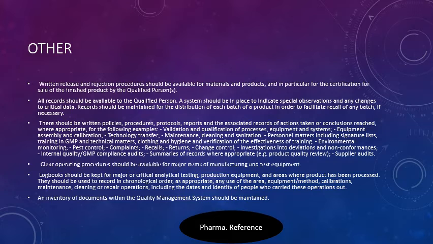For example: validation and qualification of processes, equipment and systems, equipment assembly and calibration, technology transfer, maintenance, cleaning and sanitation, personnel matters including signature lists, training in GMP and technical matters, clothing and hygiene and verification of effectiveness of training, environmental monitoring, pest control, complaints, recalls, returns, change control, investigation into deviations and non-conformances, internal quality and GMP compliance audits, summaries of records where appropriate, e.g., product quality review, supplier audit.